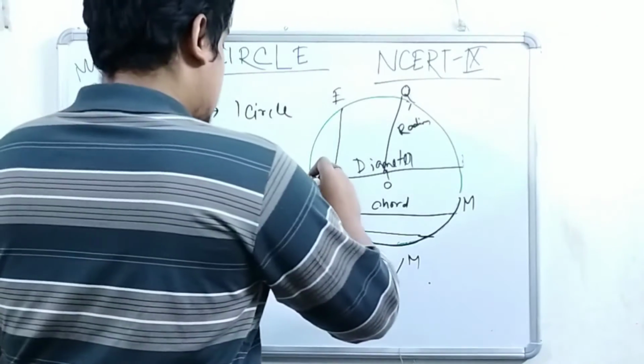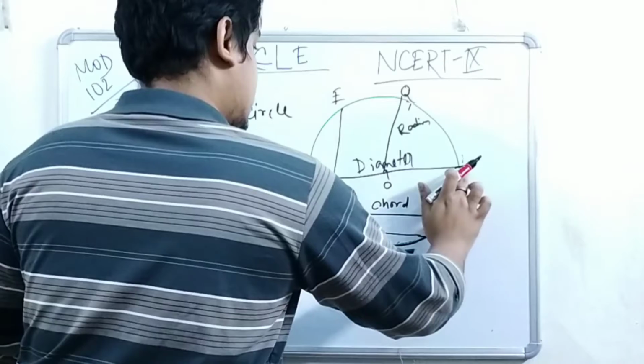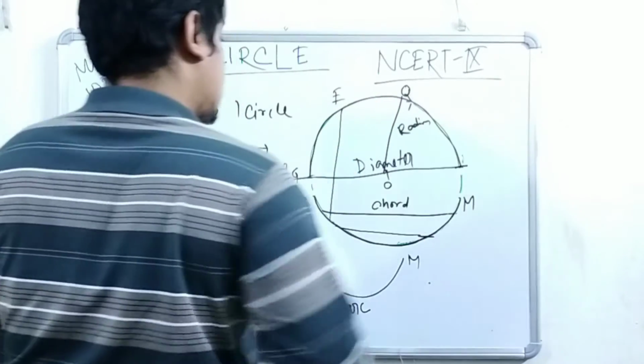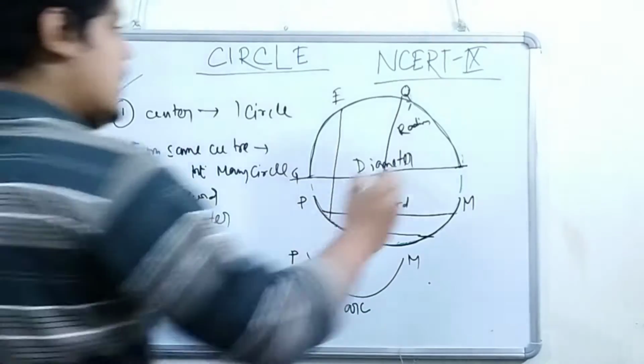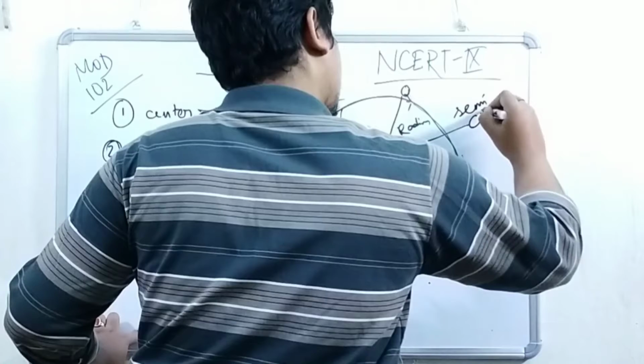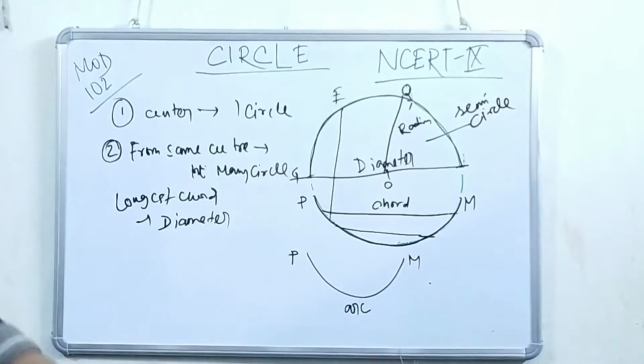I repeat, if the arc is taken over that length, that total part I'm considering as an arc, that is a semicircle. So the longest arc of a circle is the semicircle. So these are the basic properties of a circle.